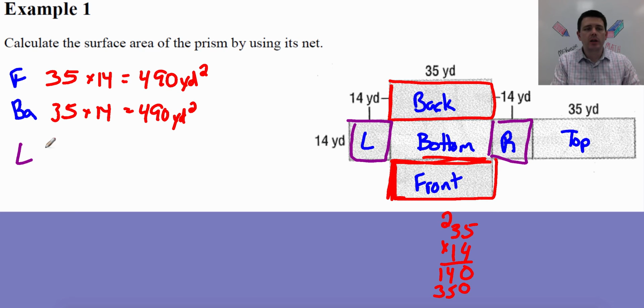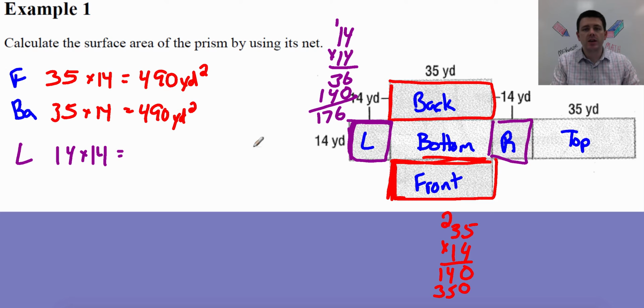So our left side, it's 14 by 14. So 14 times 14. If I remember correctly, it's 196, but let's double check. 14 times 14. So I get 196.